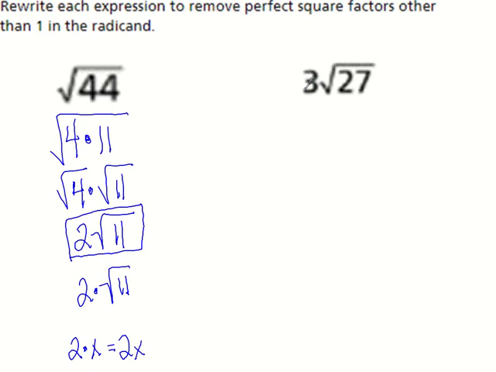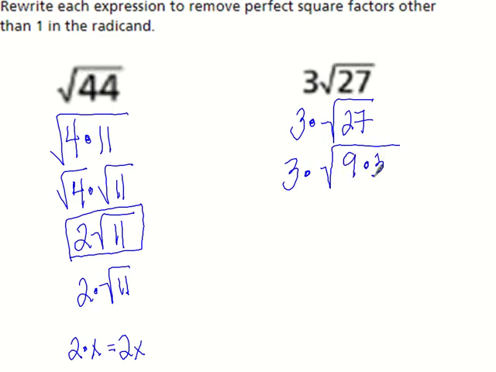All right, so we have 3 times, right? This is the same as 3 times the square root of 27. So I'm using this same thing I was just talking about. So I'm going to break up 27. It's 3 times the square root of 9 times 3. 3 times the square root of 9 times the square root of 3.